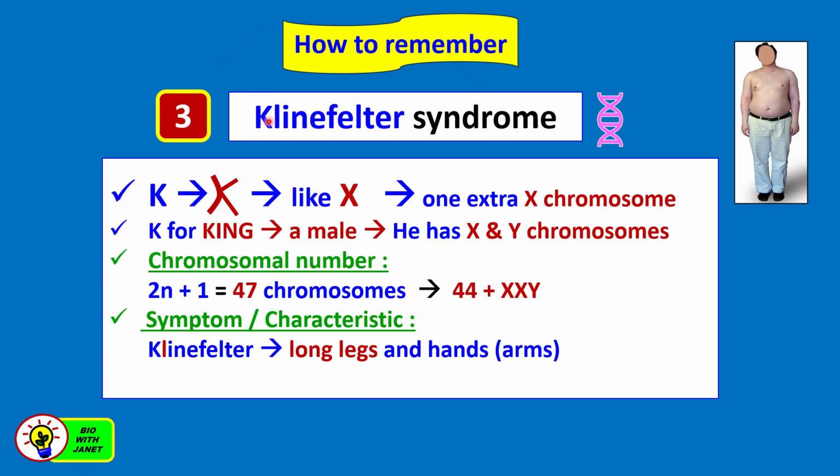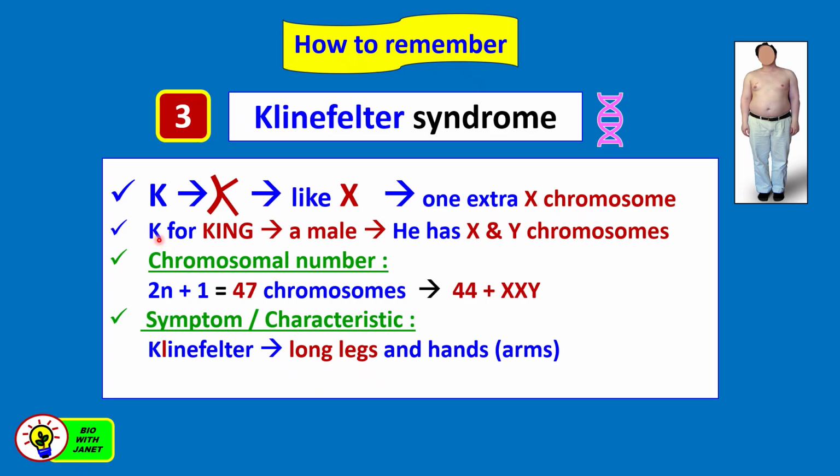Look at the letter K. If you twist it a bit, it looks like an X. So that means the abnormality is that there's one extra X chromosome. The person has an extra X chromosome.